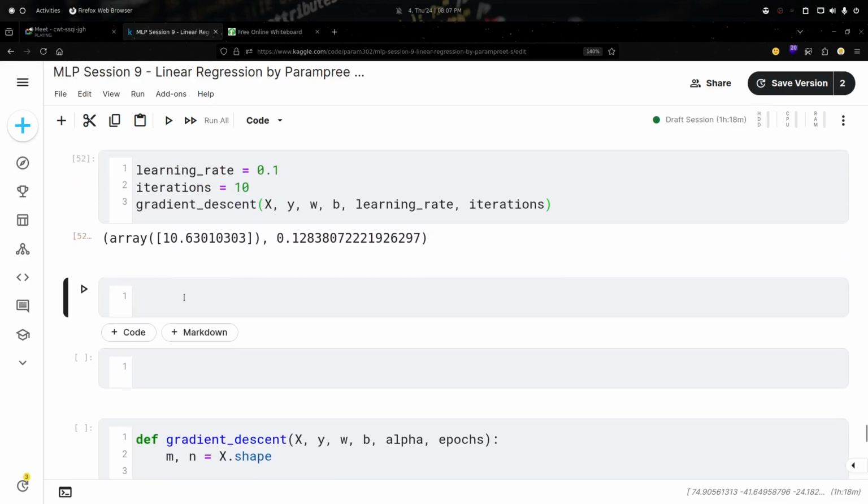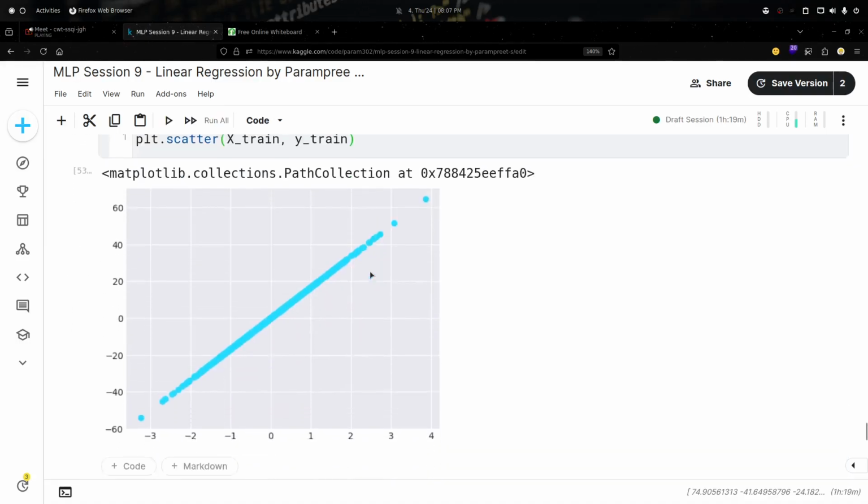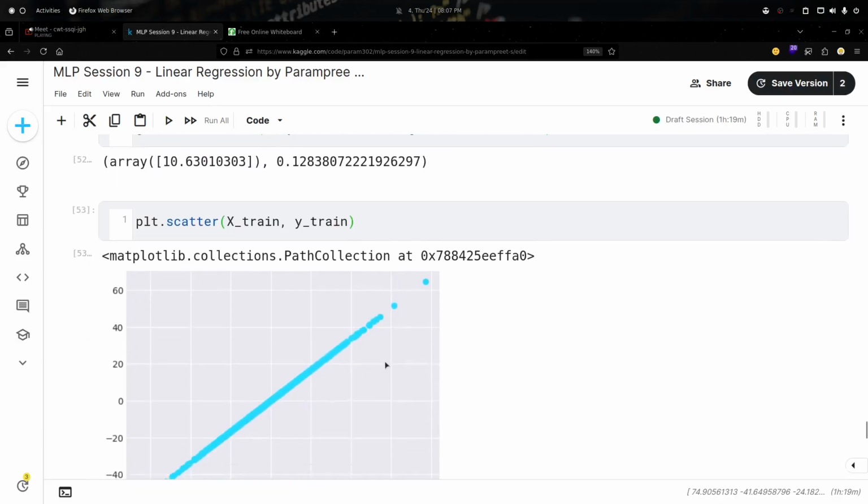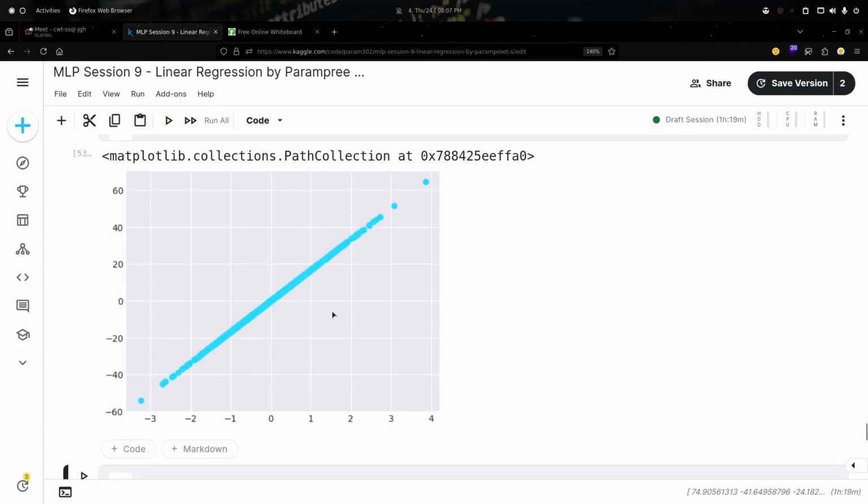Now how can we check this? Basically what we can do is simply plot the graph. X train and y train, if I plot it, yeah, this is the scatter plot which I have here.